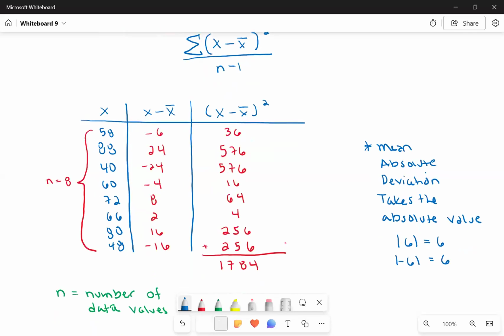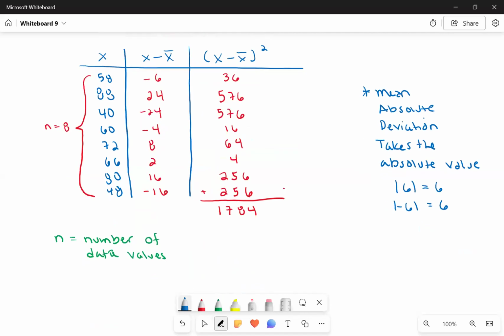That's what we'll use. So we're going to take 1784 and divide it not by 8, but by 7. And from that, I get a huge decimal of 254 point 857.